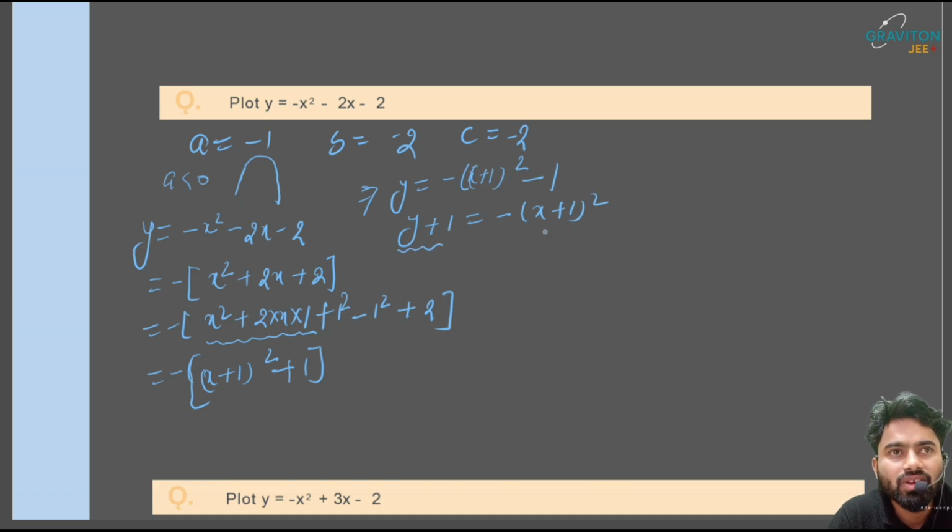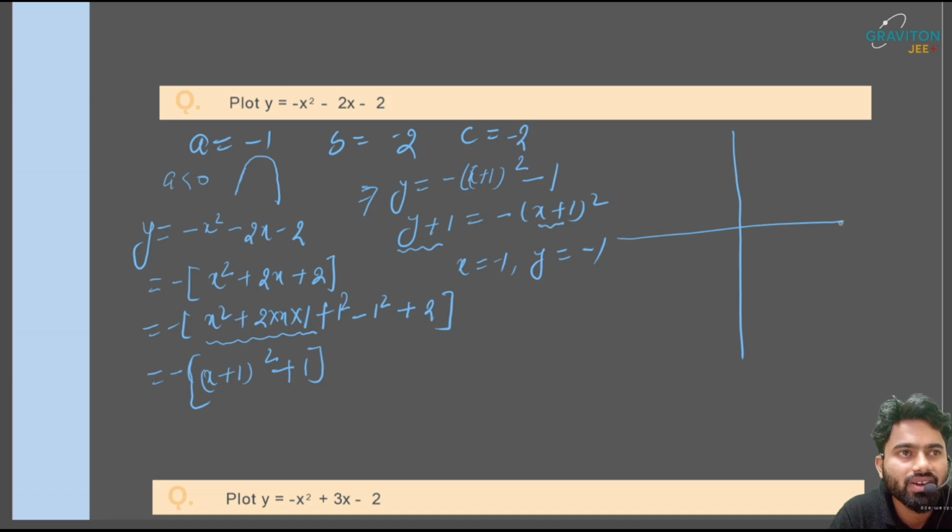So put this term equal to 0 and this term equal to 0. So you will get x equal to minus 1, y equal to minus 1. So from here you will get the vertex of the parabola, where x equal to -1, y equal to -1. So this is the vertex of the parabola.